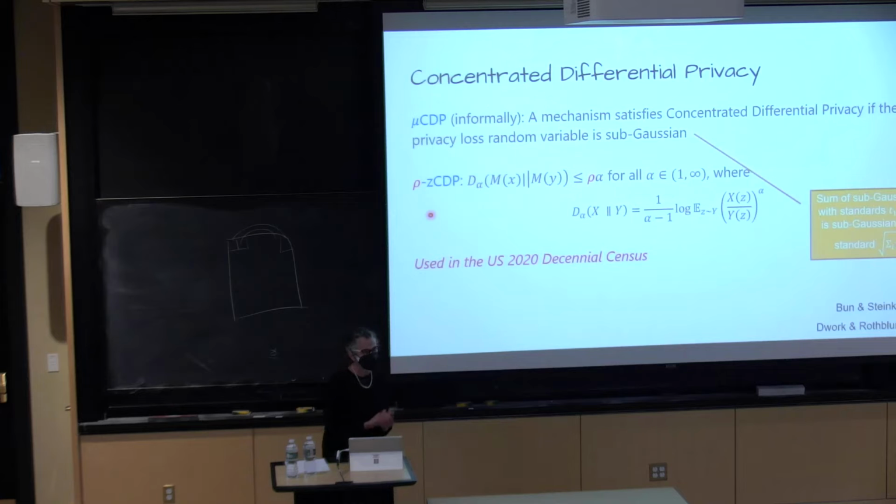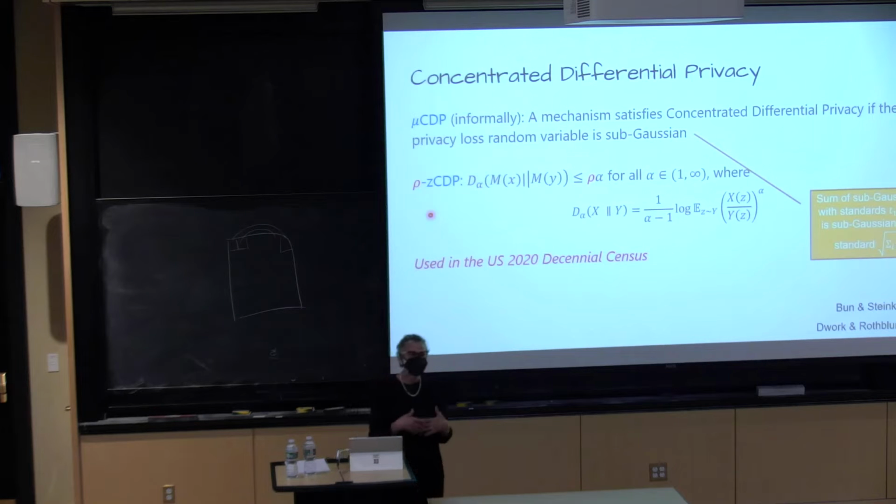And that was fixed, improved on by Bun and Steinke, who gave a definition which is very, very similar in spirit. Again, it's saying that the privacy loss is sub-Gaussian. They do it in terms of Rényi divergences. We needed this to be true for all alpha. They need it to be true for all alpha in the range of 1 to infinity. Okay?